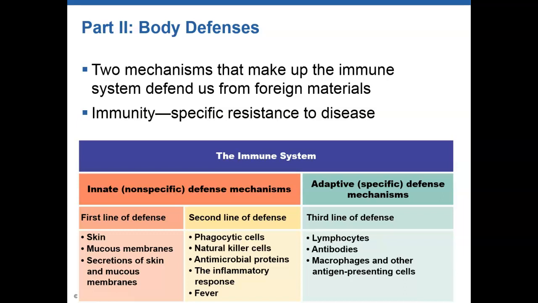Our second line of defense, if a pathogen gets into the body, then we have a bunch of different cells that are going to start to become active and try and kill those pathogens. We also have certain proteins that increase our ability to kill off pathogens or decrease a pathogen's ability to replicate.